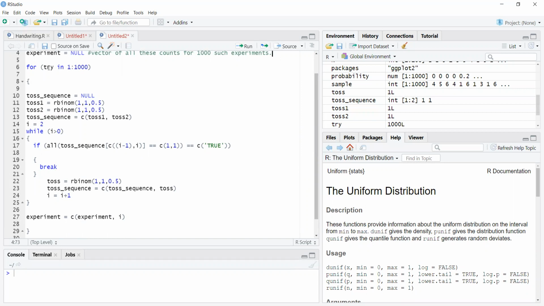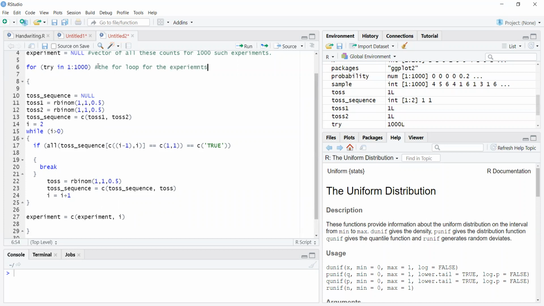Now try is one such experiment. Try is a variable, one such experiment, and you are counting it 1 to 1,000 times. So this is the for loop. I'm doing it for 2 consecutive heads.